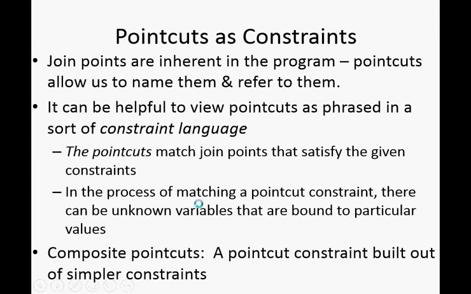So we're going to match it up, and in the process we will unify or match the values of certain variables that have remained unbound so that they take on values for that particular instance of this point cut, that particular join point that matches this point cut. Those variables will have values specific to that context. And if we have another join point, the point cut will match there, and there may be different values for those variables for that context. Okay.